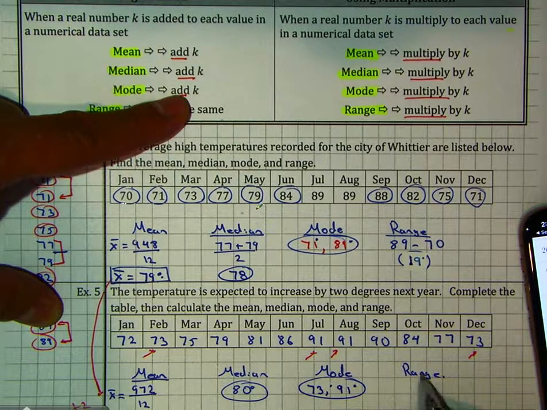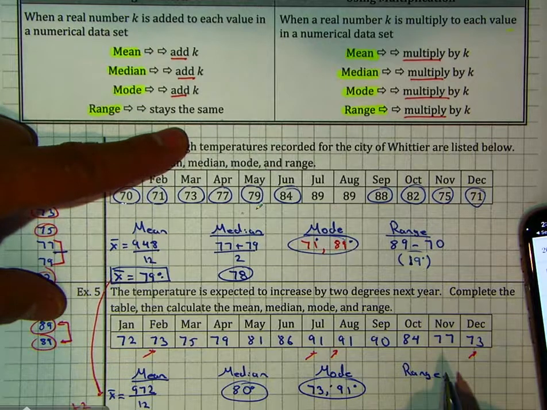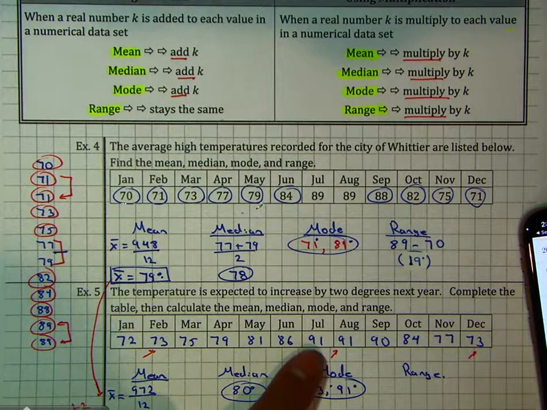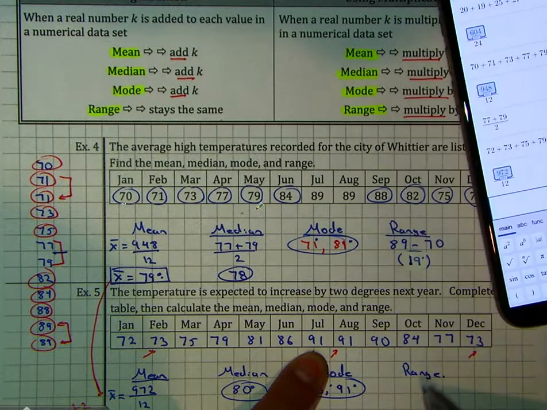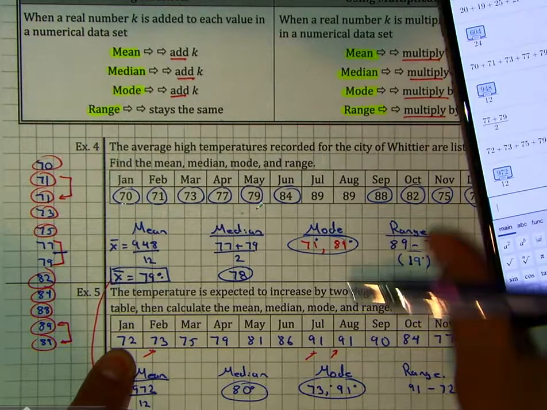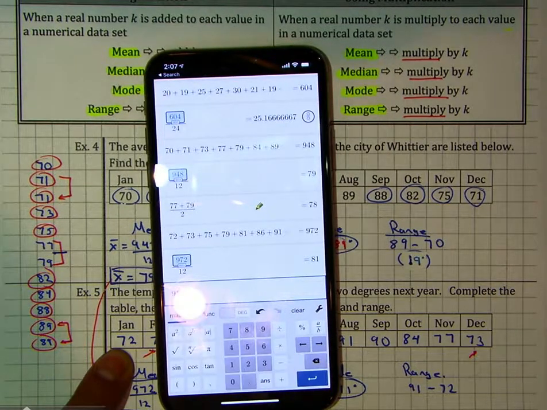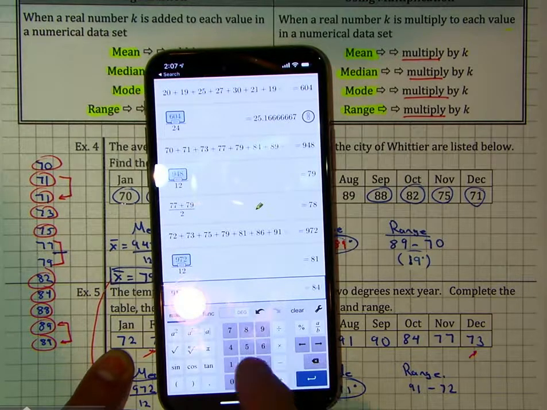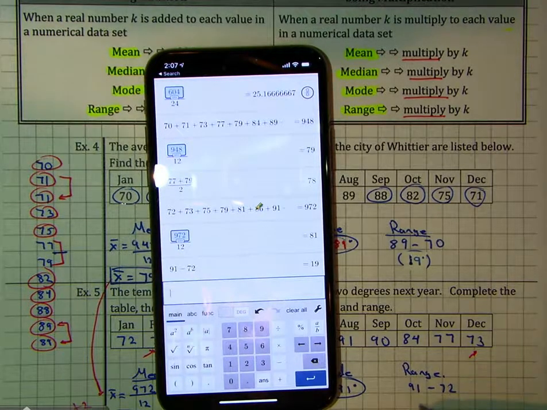And the range is going to stay the same. If you notice, the highest number is 91. So if we take 91 minus the smallest number, which is 72, your range is the only one that stays the same.